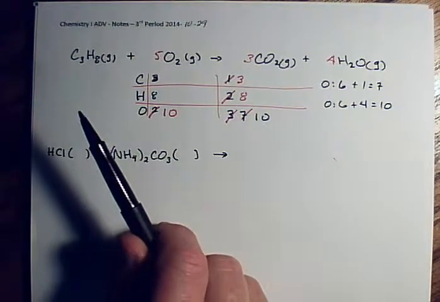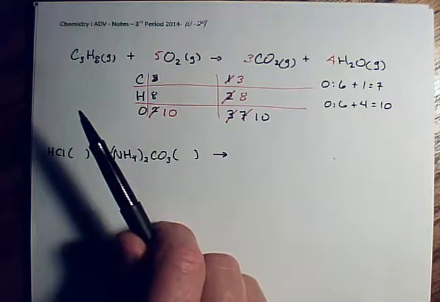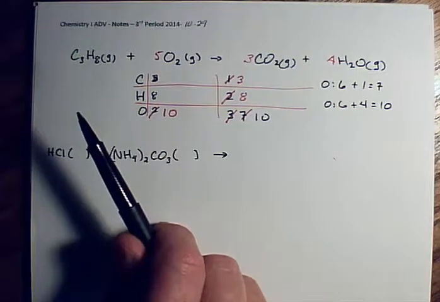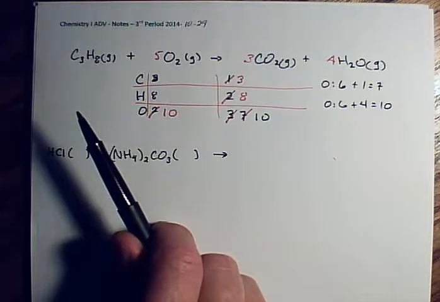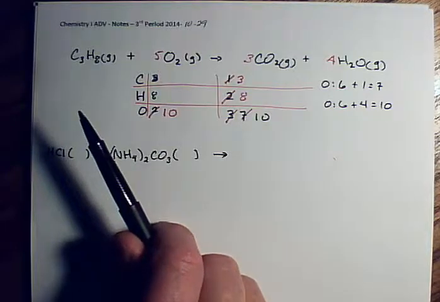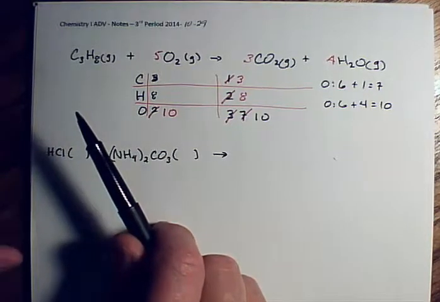A monoatomic ion is a single atom that has gained or lost electrons. It has a charge. A polyatomic ion is more than one atom bonded together covalently, and the overall structure has a charge.